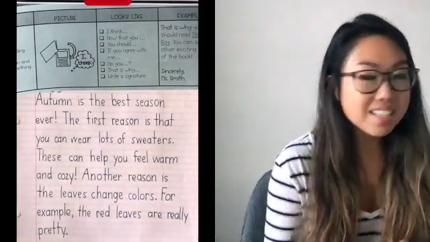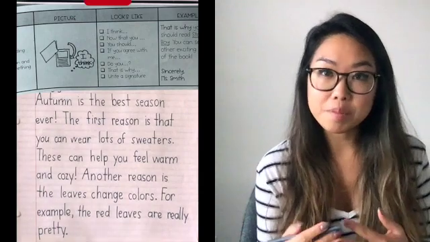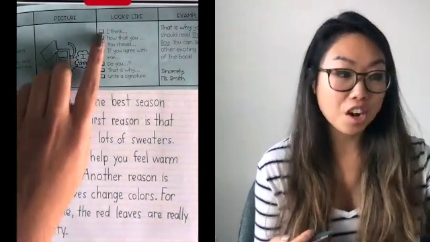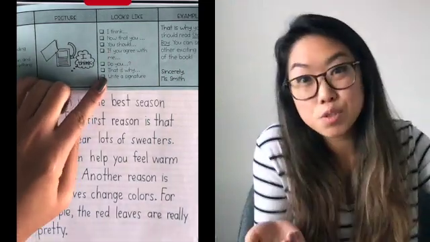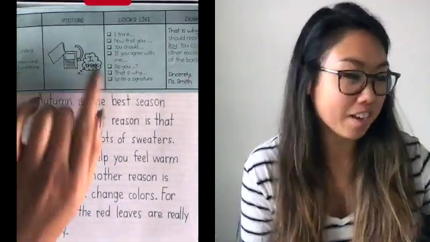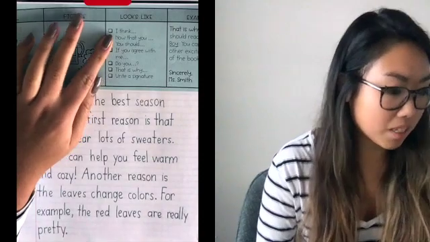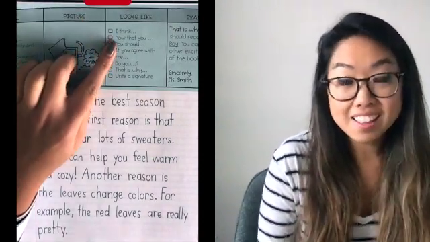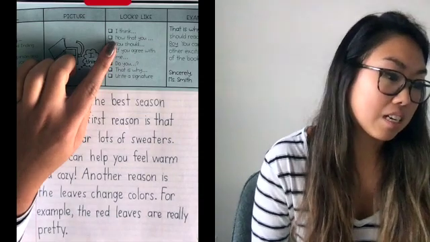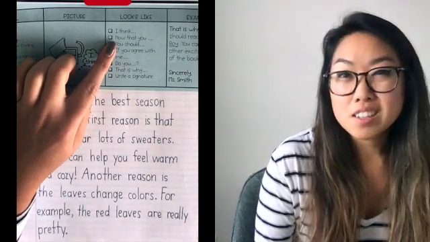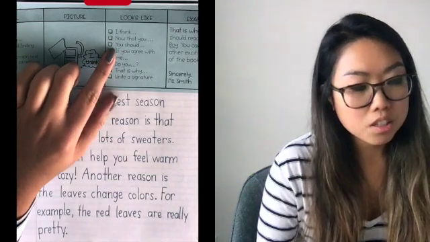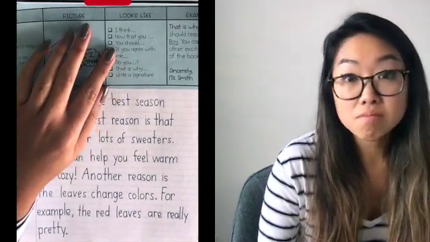Which one of these ideas could I use in my writing? Remember, one way to use this checklist is to talk through each one of these options and see which one you like. So let's see. I think autumn is the best season. Now that you know why I think autumn is the best season, you should go get some sweaters? Maybe. You should have some hot chocolate?